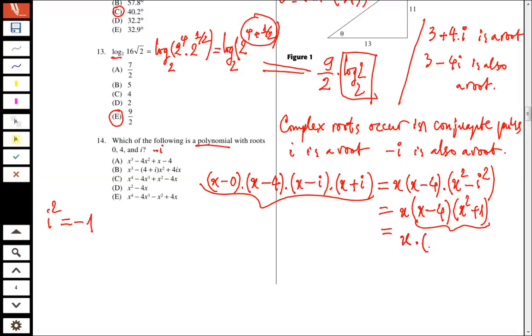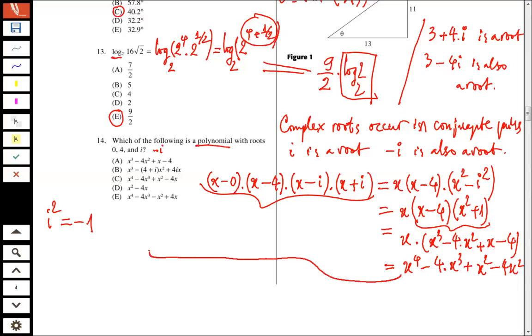There is x cubed subtract 4 times x square add x subtract 4. x raised to the power 4 subtract 4 times x cubed add x square subtract 4 times x square.